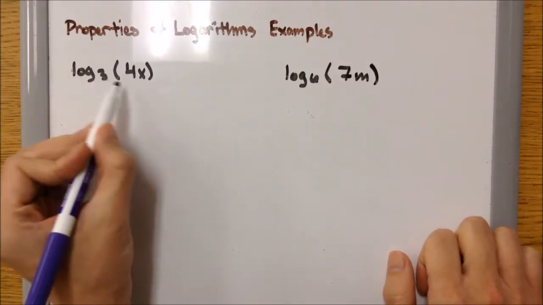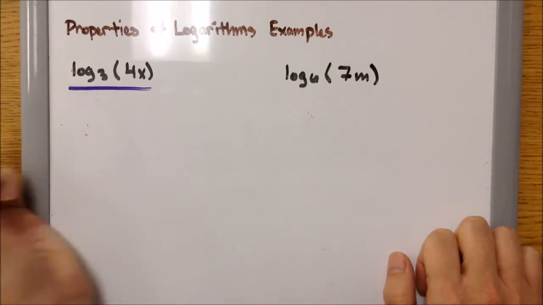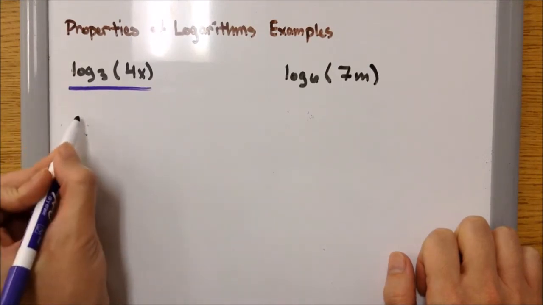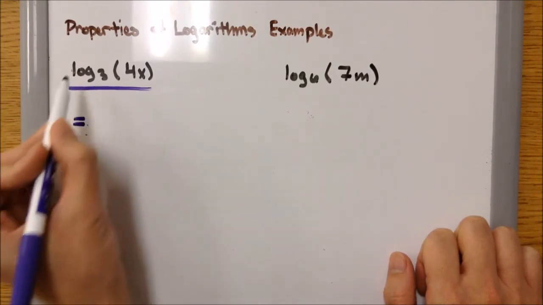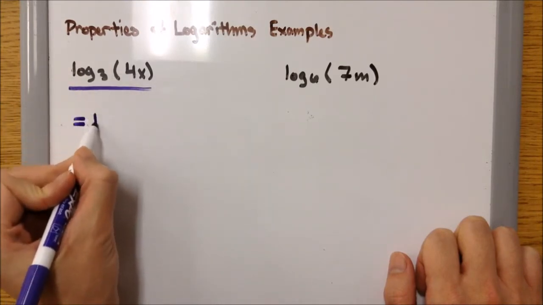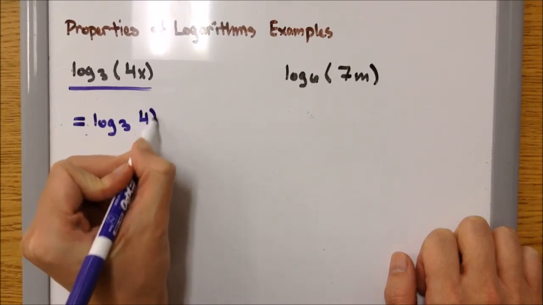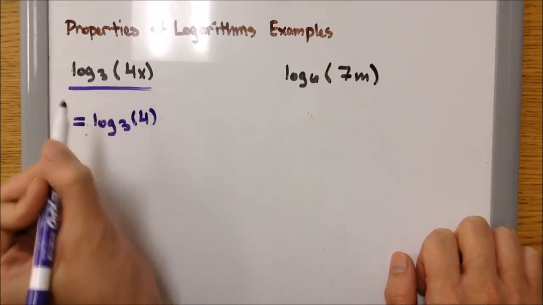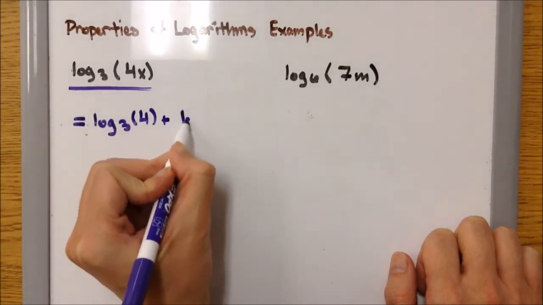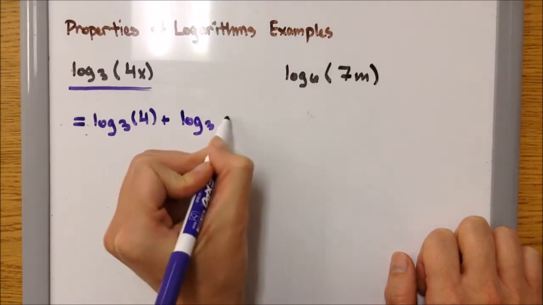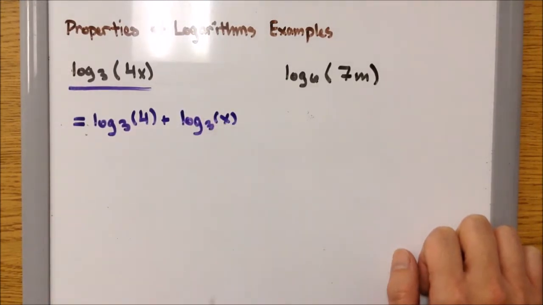So, when we have this, we can rewrite it, and I'm going to write an equal sign. So this will equal log base 3 of 4, because that's the one that came first, plus log base 3 of x. And then that's it.